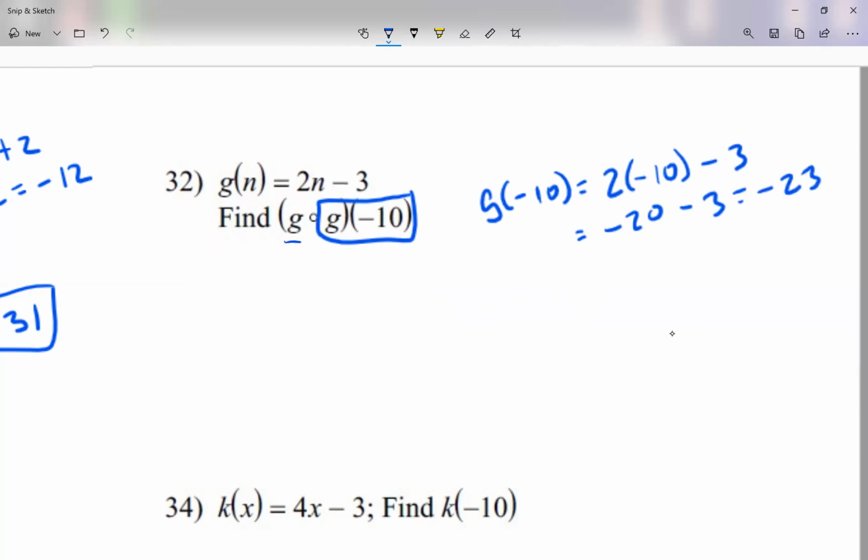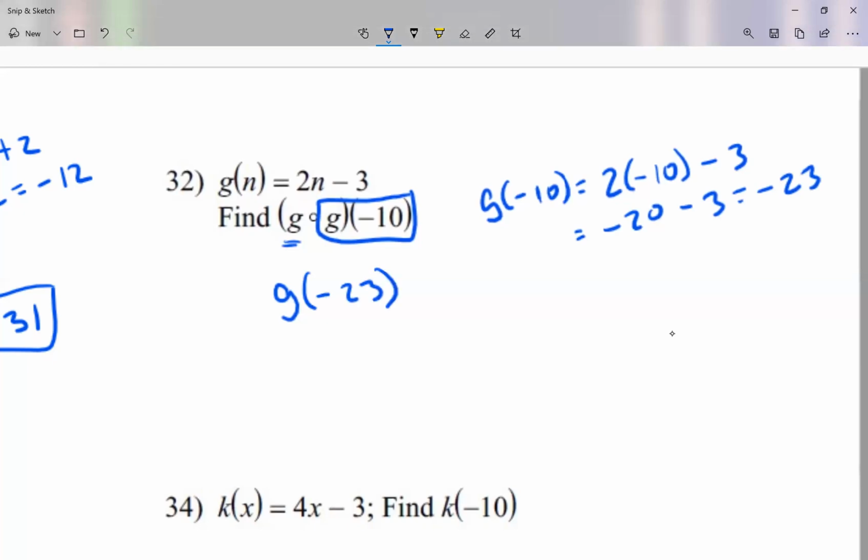So now the letter outside is g, but I'm going to do now g of negative 23. So that is equal to 2 times a negative 23 minus 3. So I have negative 46 minus 3, which is equal to negative 49.